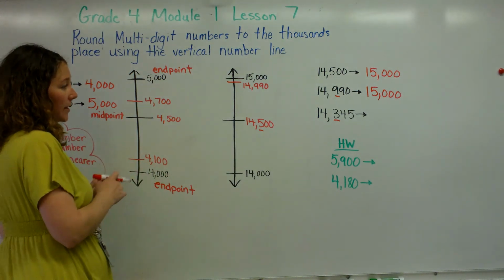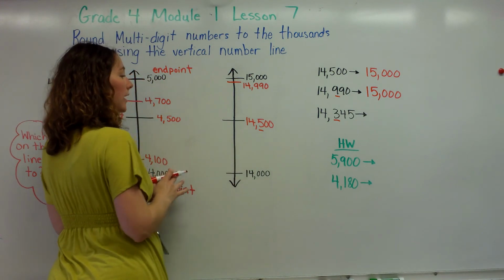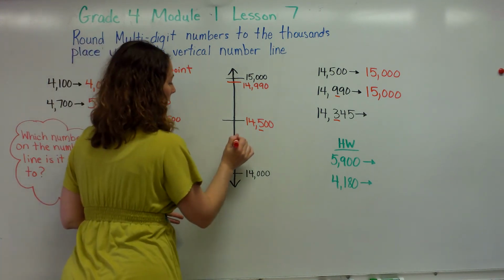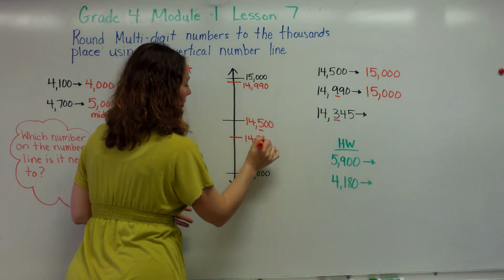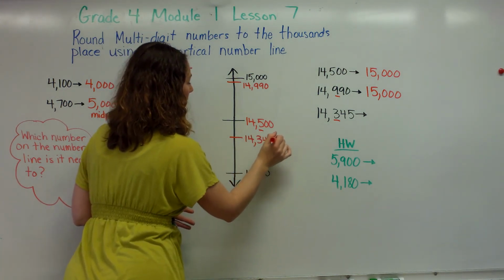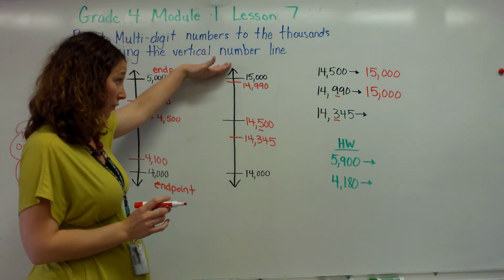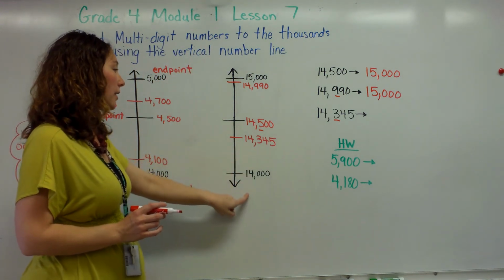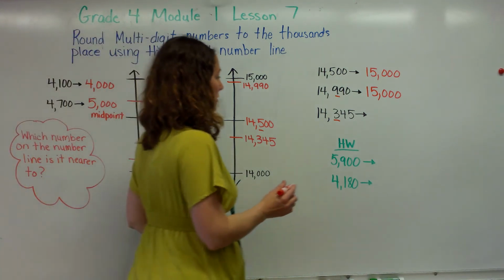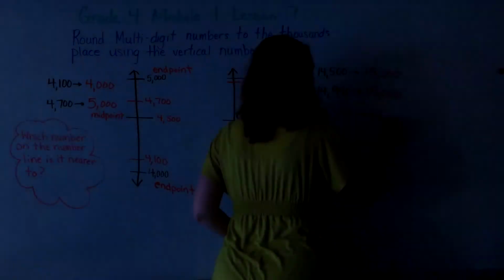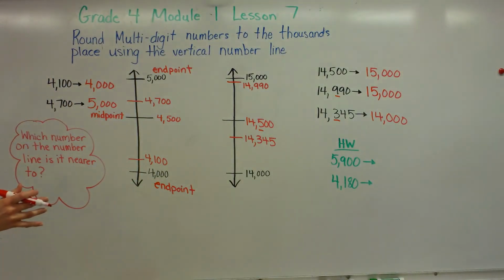If I put this on my number line, I'm going to do my best to figure out where I think it will be about. I'm going to say it is about right here, 14,345. Again, is it closer to 14,000 or is it closer to 15,000? Obviously, 14,345 is indeed closer to 14,000. Therefore, I'm going to round my number to 14,000.